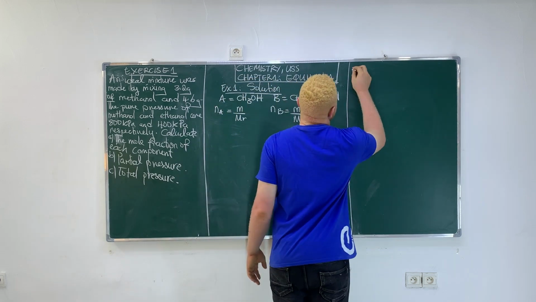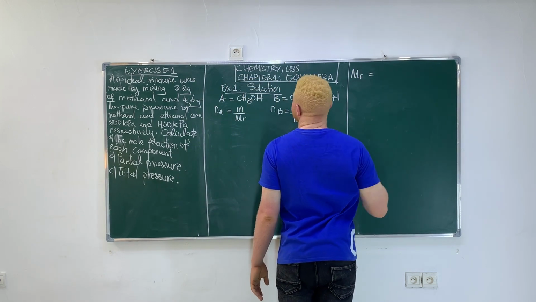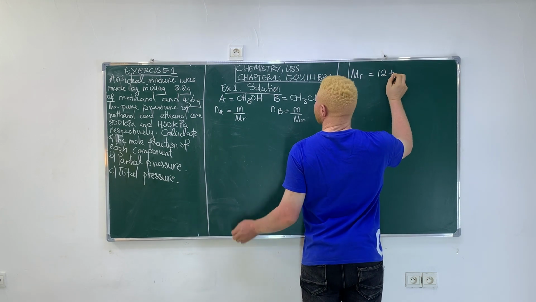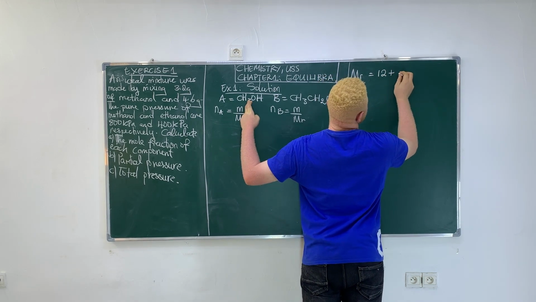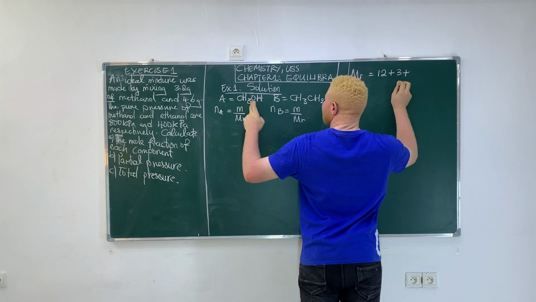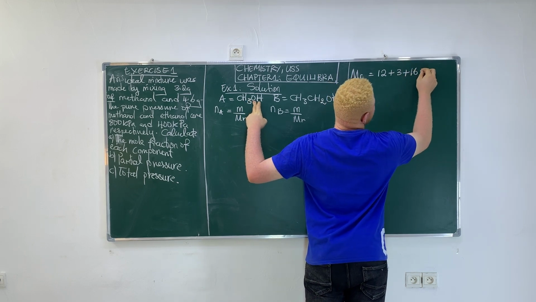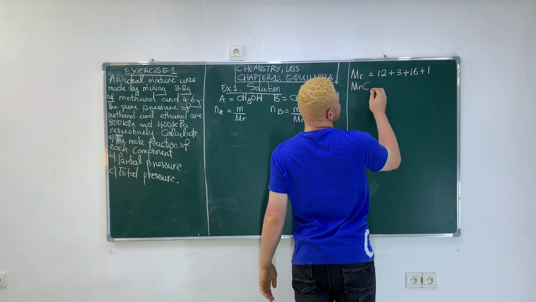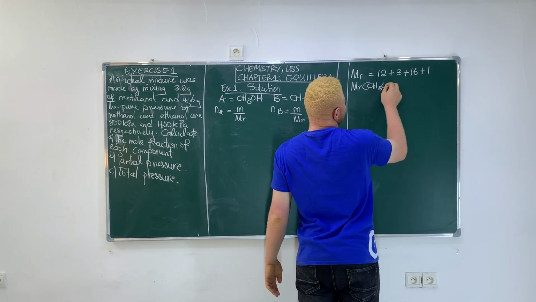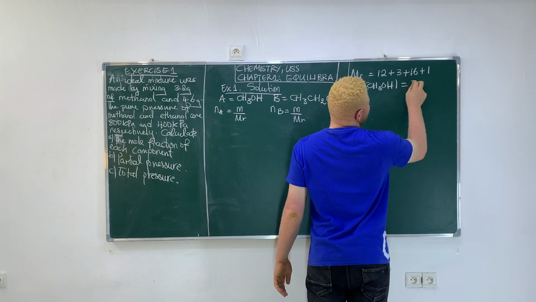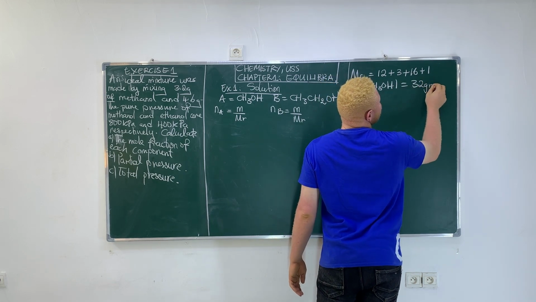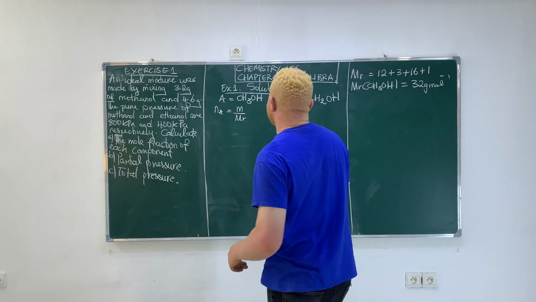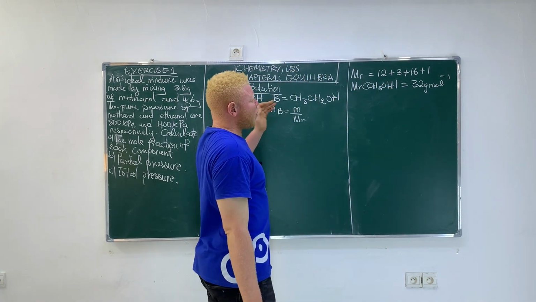The molar mass of methanol, CH3OH, is 12 plus 1 times 3, plus oxygen 16, plus hydrogen 1, which is 32 grams per mole. We also have to calculate the molar mass of ethanol.